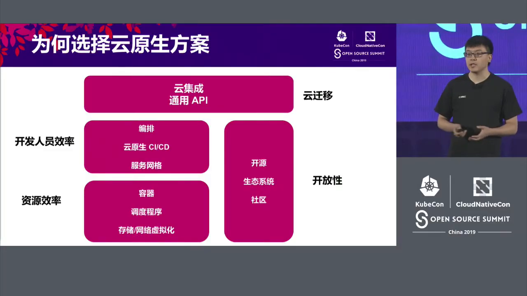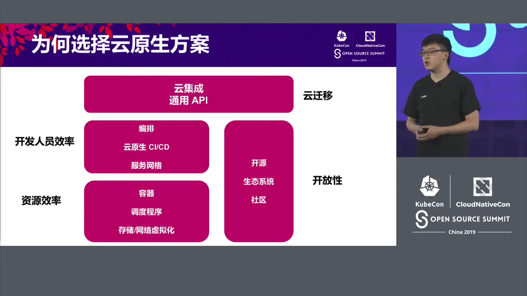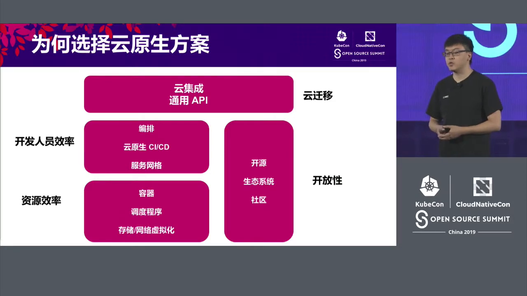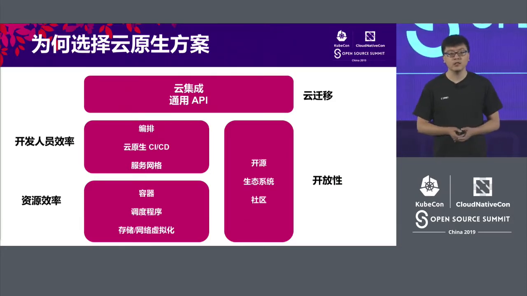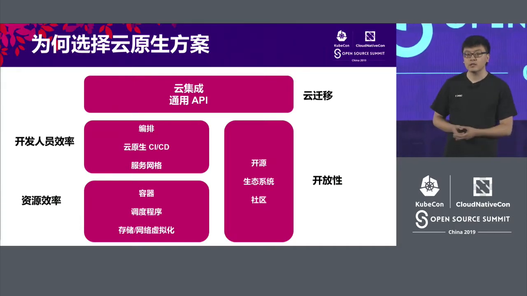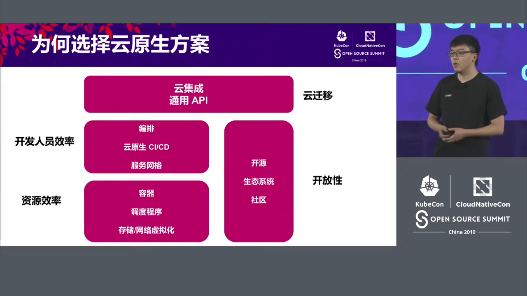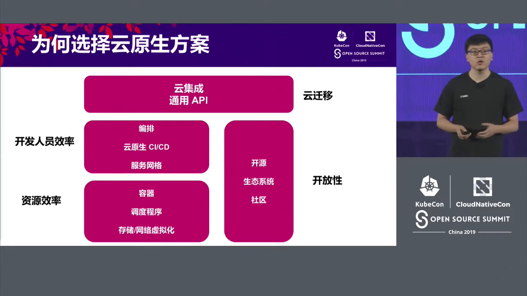On the other hand, some practices within Ali Group can be spread out to the external environment. And secondly, together with the developers, we want to build up a more open ecosystem. And fourthly, Ali Group is on its transition to the cloud, and many companies also have a similar progress.